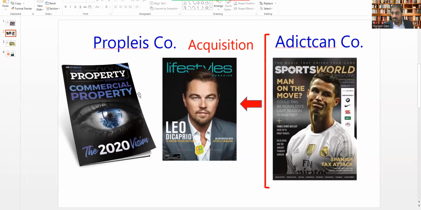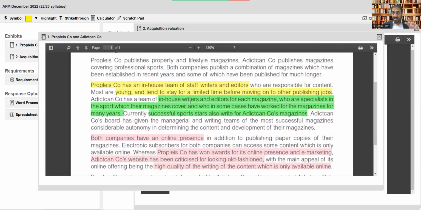Propolis publishes magazines about property and lifestyle, and runs the business with staff where the retention ratio is not good, but this is their business strategy. Addicton, whereas, has in-house writers who are much more mature for each magazine, specialists in the sport the magazines cover, and in some cases have worked for the magazines for many years.